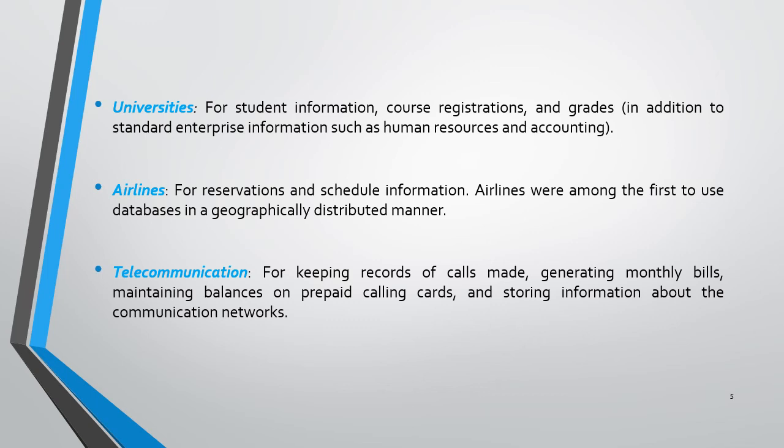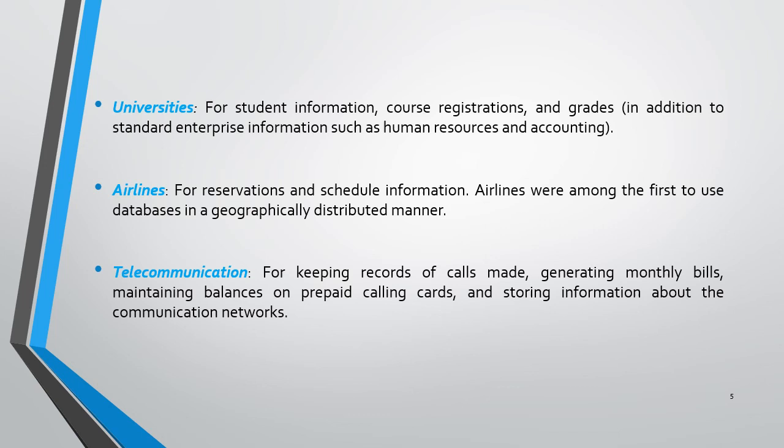Then you have telecommunications. Everyone is using a net pack. You use internet, and you know that if the net pack is of limited GB or MB, so what happens? As soon as the data gets used, it shows that the network will not work or you will not get more data.